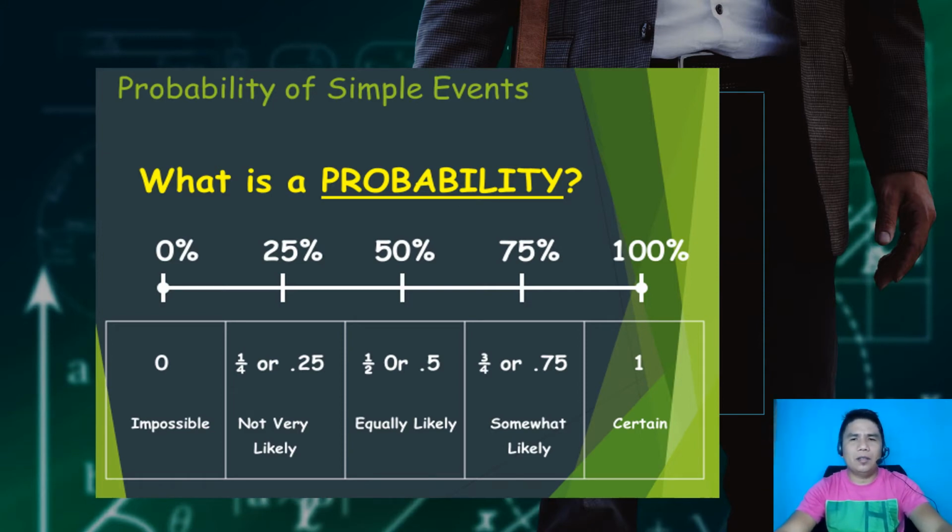It may or may not happen. If it's 3/4 or 0.75, then it's somewhat likely to happen. And if the probability is 1, then it is certain. It has 100% chance to happen.